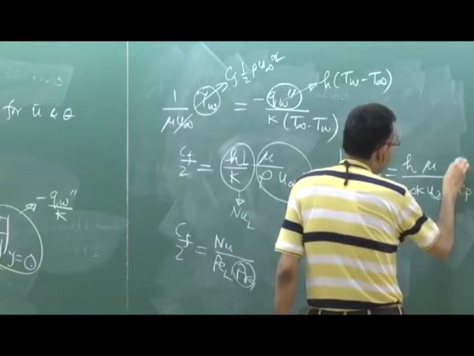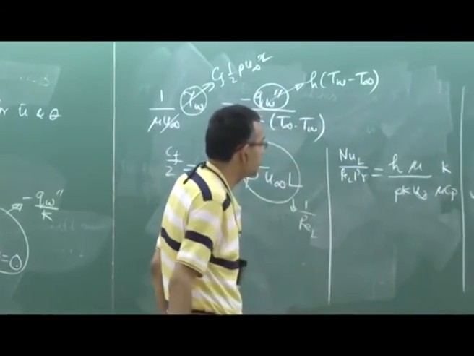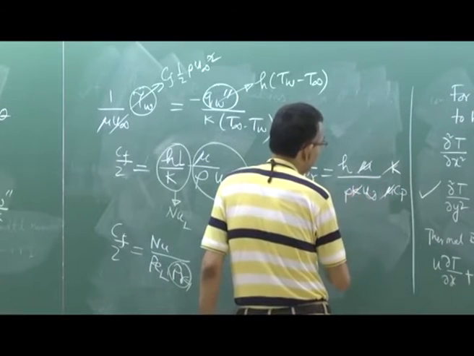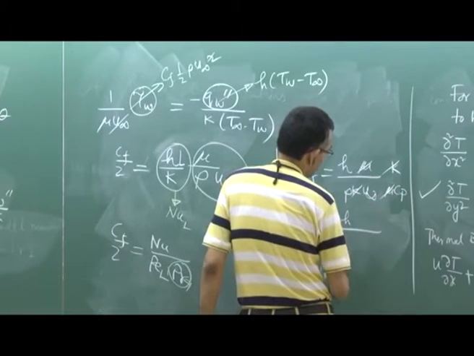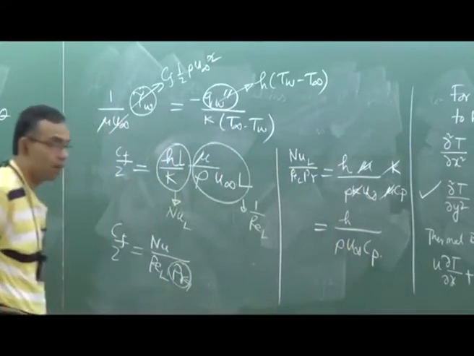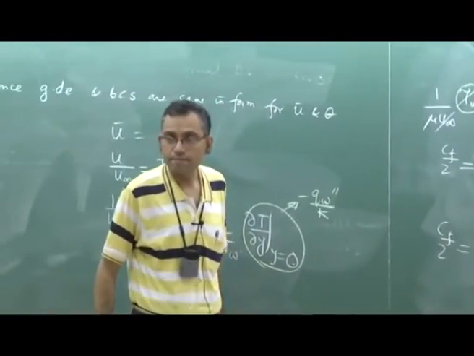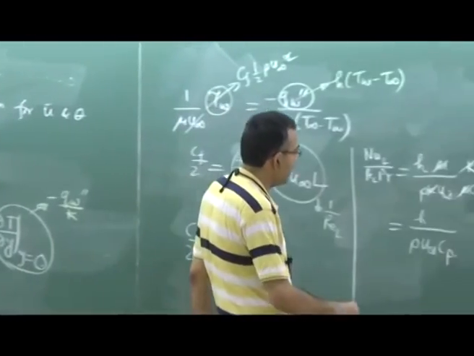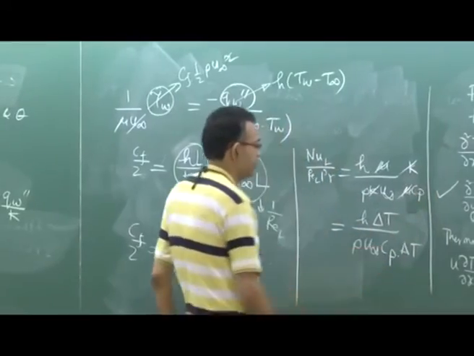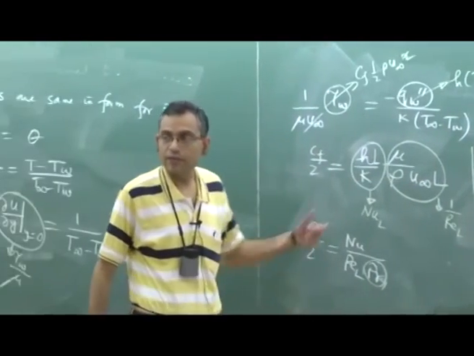Prandtl number is mu Cp by K. So mu gets cancelled and K gets cancelled. What is this? You just multiply both numerator and denominator by delta T. You will get a physical meaning.